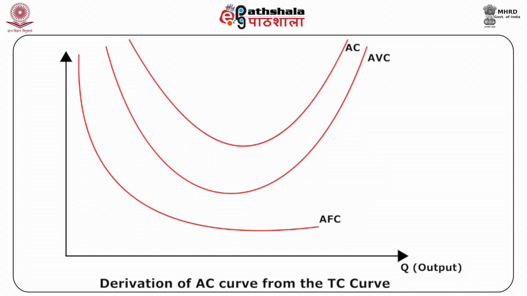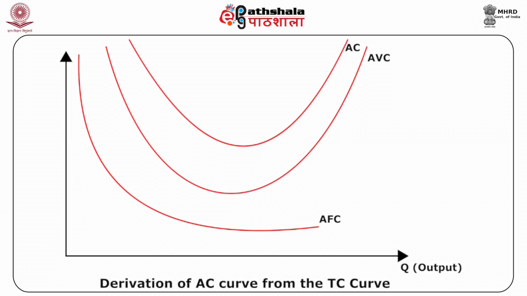So therefore, if you notice the gap between average cost and average variable cost, it is not parallel after the minimum point. So this is what we can see, that the average fixed cost monotonically declines and becomes parallel to the x-axis.